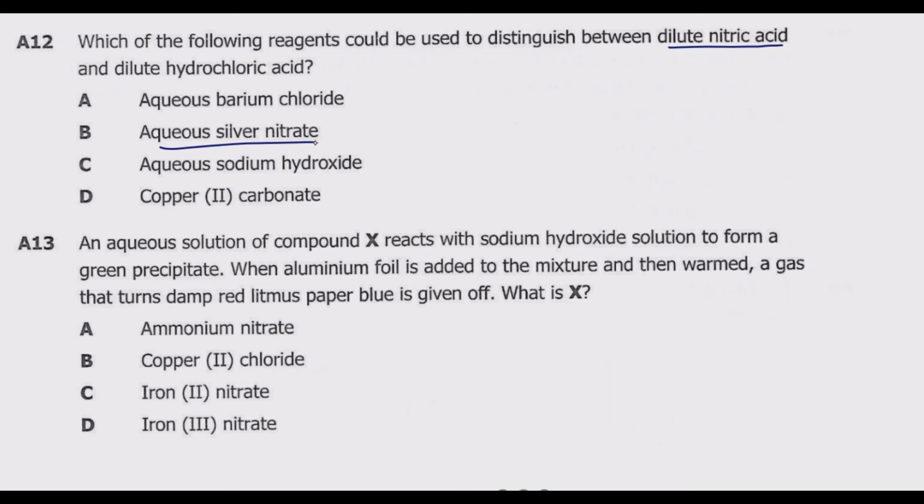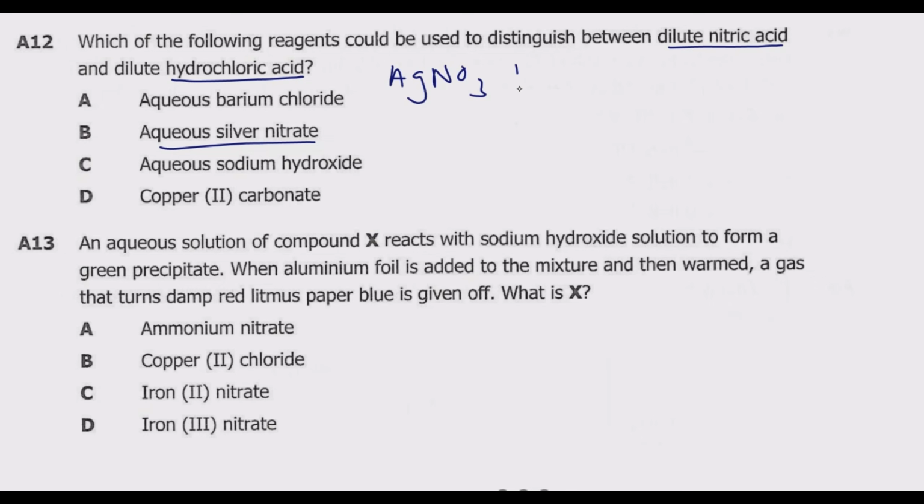Because what you notice, when we react nitric acid with silver nitrate, there will be no reaction. But when you react hydrochloric acid with silver nitrate, there will be a double displacement reaction that is going to take place. So when you add the drops of hydrochloric acid to silver nitrate, this is what we are going to get. So we have silver nitrate, which is given by this formula.